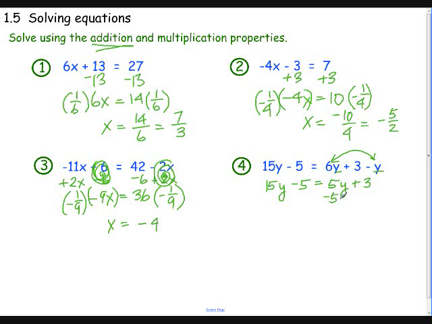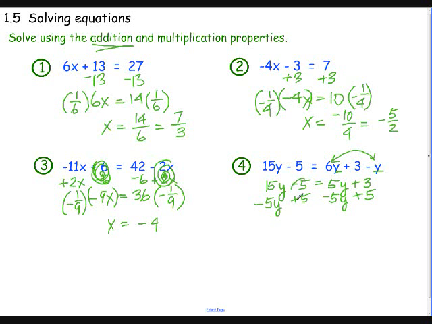Now that I've simplified the sides, let's try isolating the y's all to one side, which means I'm going to add a negative 5y. And in order to get this free of anything being subtracted from it, I'm going to add a positive 5. Again, I'm using this property of equality, the addition property of equality to do this.